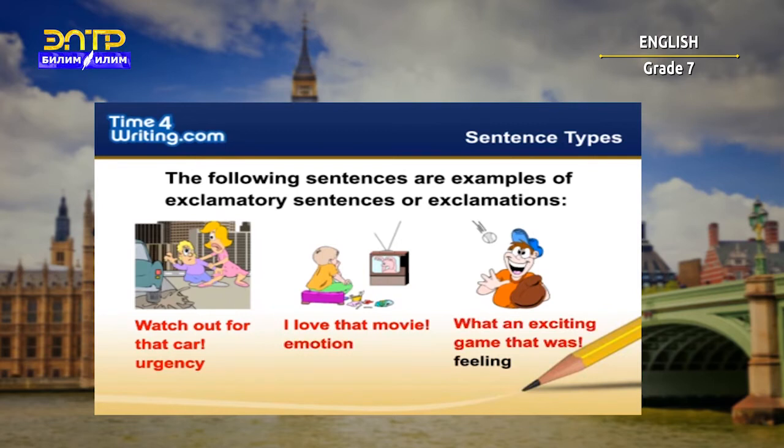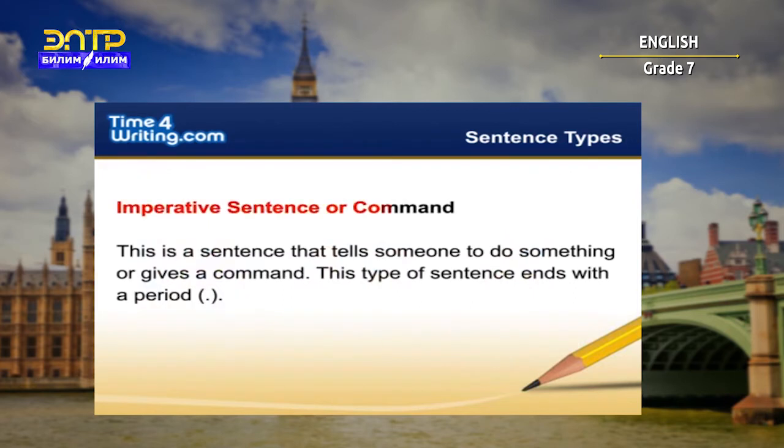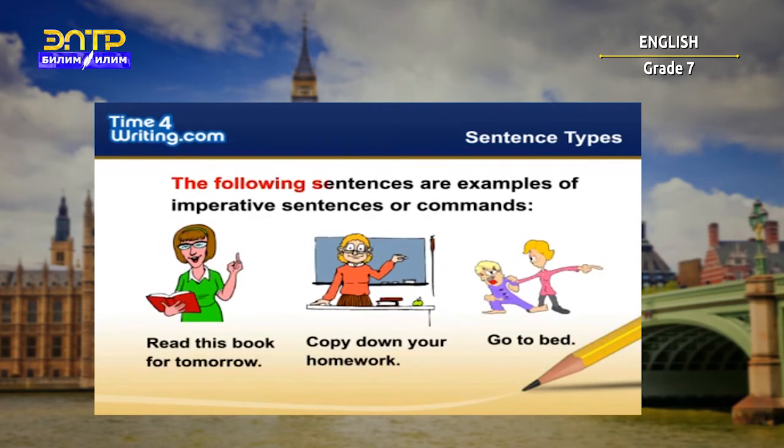What an exciting game that was. Feeling. Imperative sentence or command. This is a sentence that tells someone to do something or gives a command. This type of sentence ends with a period. The following sentences are examples of imperative sentences or commands. Read this book for tomorrow. Copy down your homework. Go to bed.